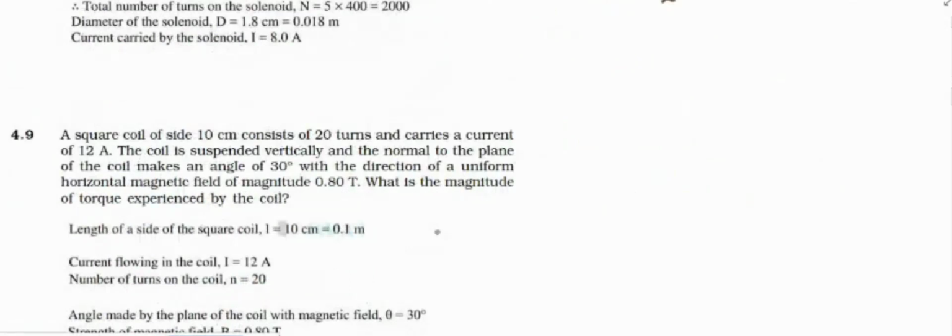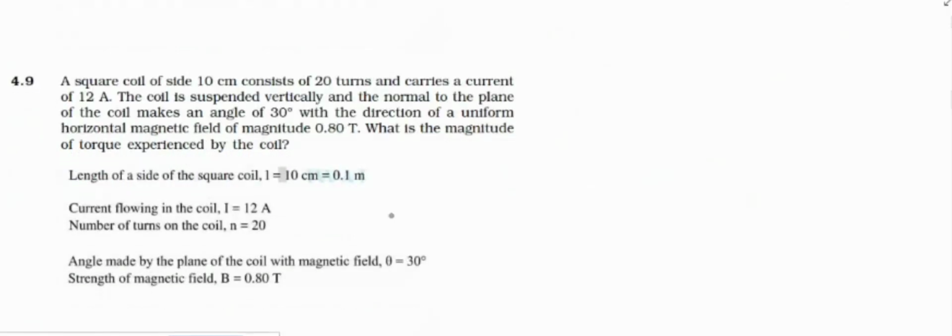Question number 9. A square coil of side 10 centimeter consists of 20 turns and carries a current of 12 ampere. The coil is suspended vertically and the normal to the plane of the coil makes an angle of 30 degree with the direction of a uniform horizontal magnetic field of magnitude 0.8 Tesla. What is the magnitude of torque?